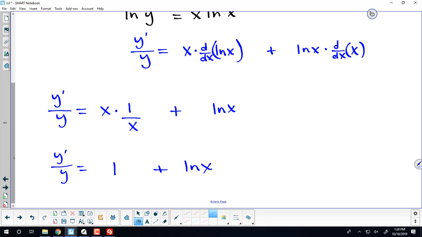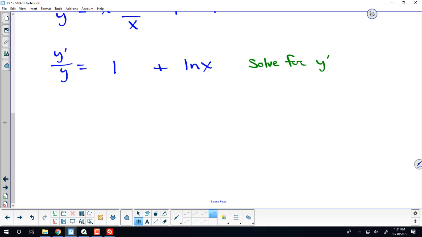Okay. So then what do we do? Solve for y prime, because we're trying to find the derivative. So we have y prime equals y times that quantity 1 plus the natural log of x. And then we know what y was.